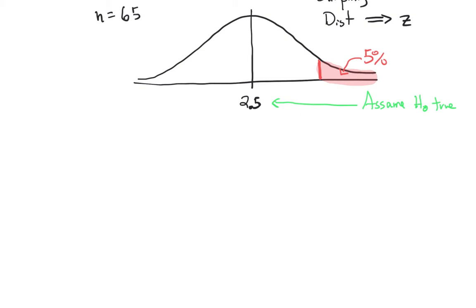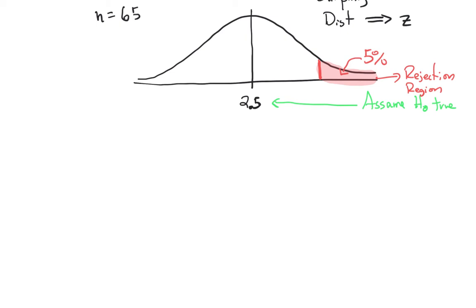So the idea is we're considering this area here. We call this area here the rejection region. So the most extreme 5% of our distribution in this case. If our sample, if our evidence lies in the rejection region, we say, well, that's too extreme for us to think that the null hypothesis is true.